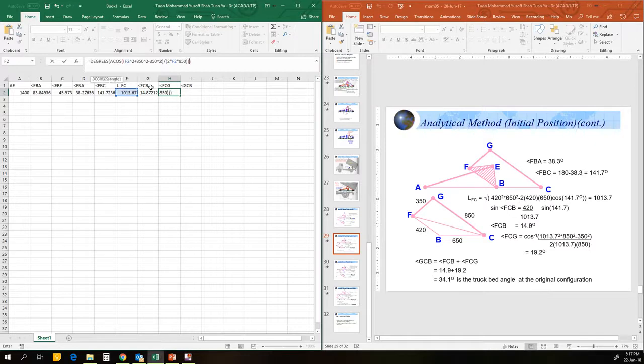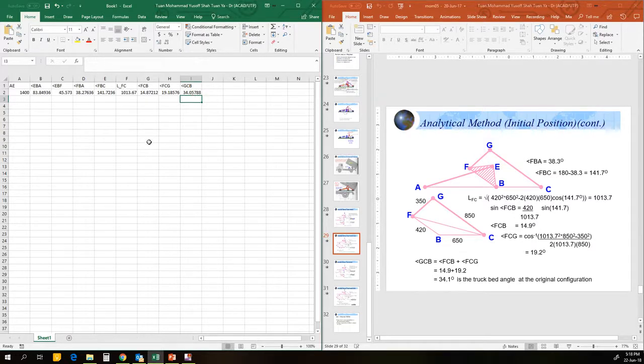So we get 19.18, which is basically 19.2. The angle GCB is basically equal to FCB plus FCG. Now we got it, which is 34.1 basically.